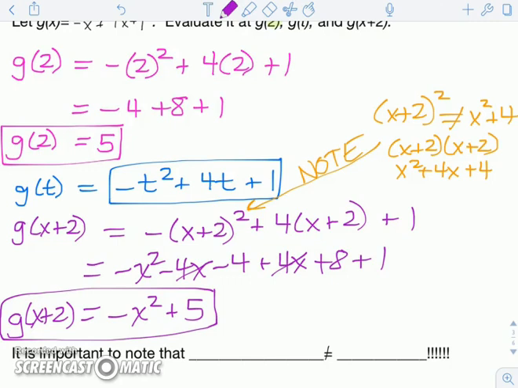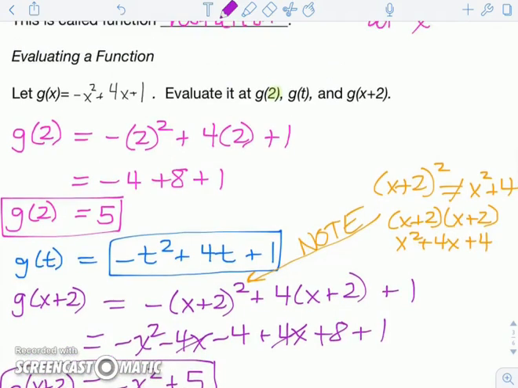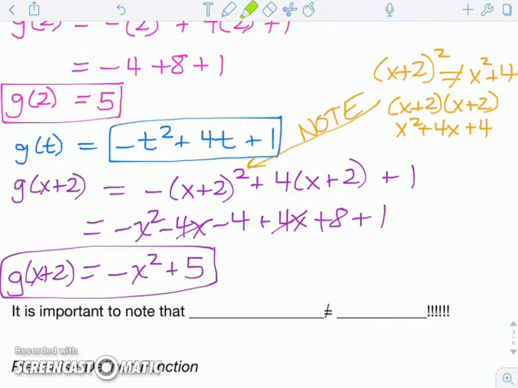Just by eyeballing it, g of 2, which was 5, plus g of x, if I added 5 to this original right here, I would get negative x squared plus 4x plus 6. Notice that's not the same as g of x plus 2. So g of a, this is generic, plus g of b is not equal to g of a plus b.